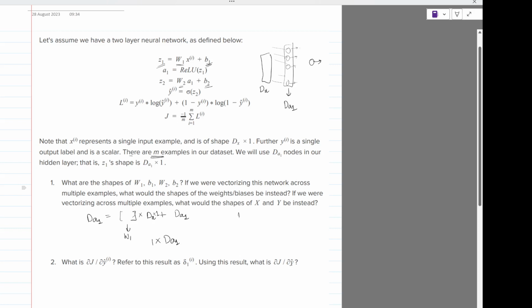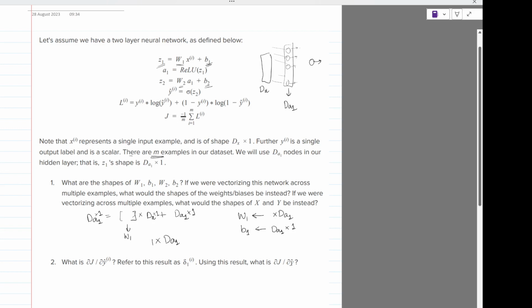So w1 shape is 1 into dA1. b1 is dA1 into 1. Oh, what did I write?